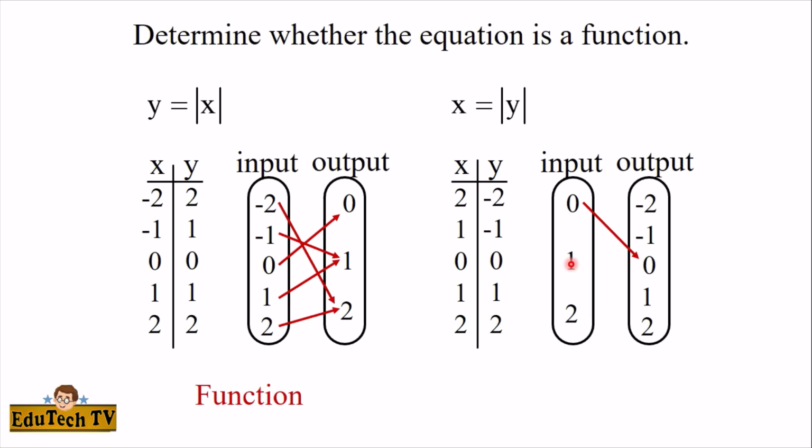Yung 1 natin is meron siyang negative 1. Then also with 1. Doon sa 2, meron siyang negative 2. Meron ding 2. Now, titignan ninyo sa input. Meron bang naulit or dalawa yung y niya? Meron, which are 2 and 1. Since merong naulit na input, then it is not a function.